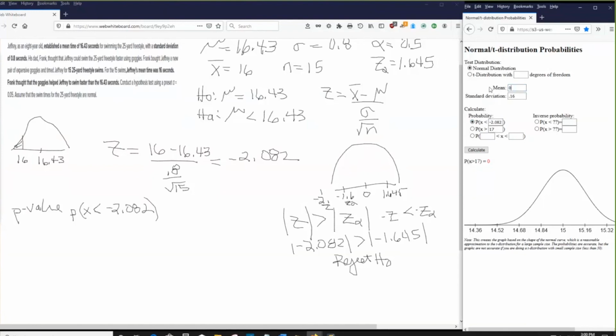When we have a normal standard distribution, we can see that our probability is really small. And remember, if our probability is really small, then we're going to reject it.